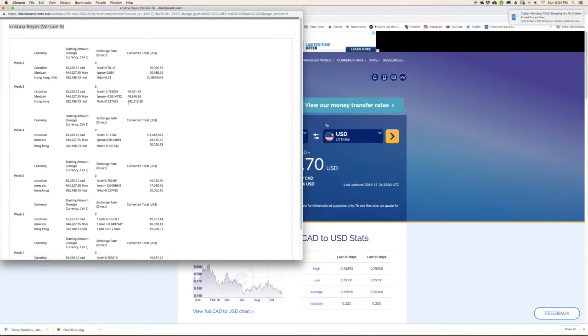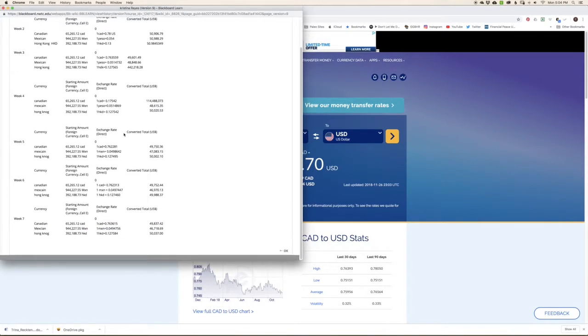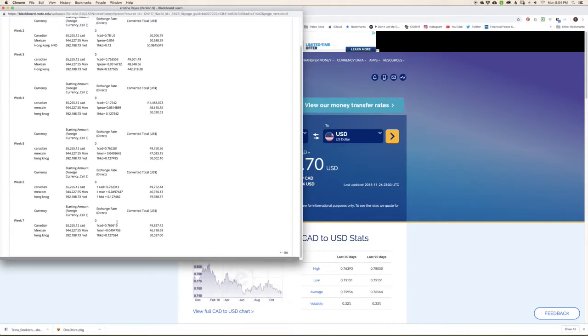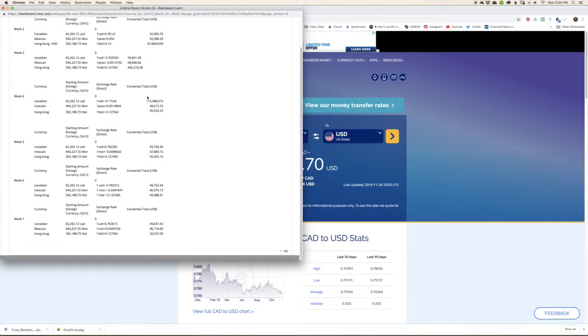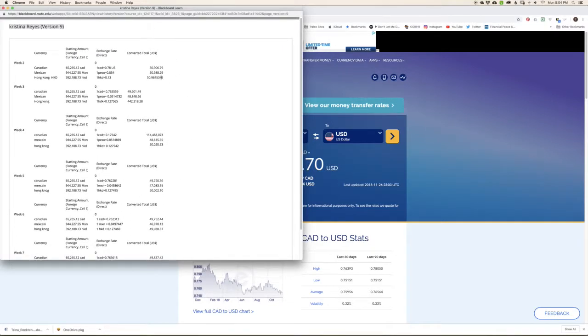So I think there maybe is a decimal point in the wrong spot. And then here, you can see that this one is wrong, and then that looks to be about it. So I think it was back in these weeks where it was wrong. So when you're converting it, just make sure that you convert it correctly from Canada to US dollars. And it looks like you fixed pretty much the rest of it.